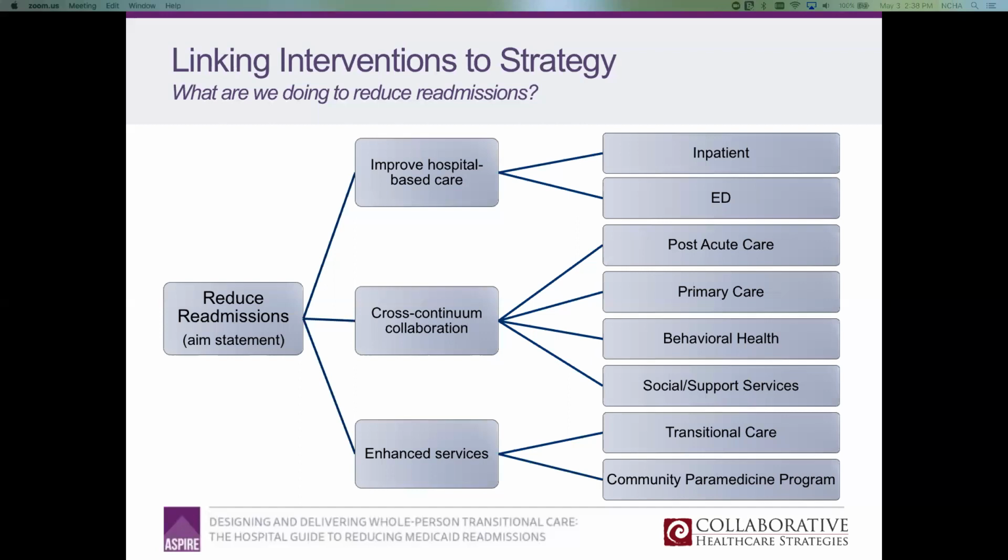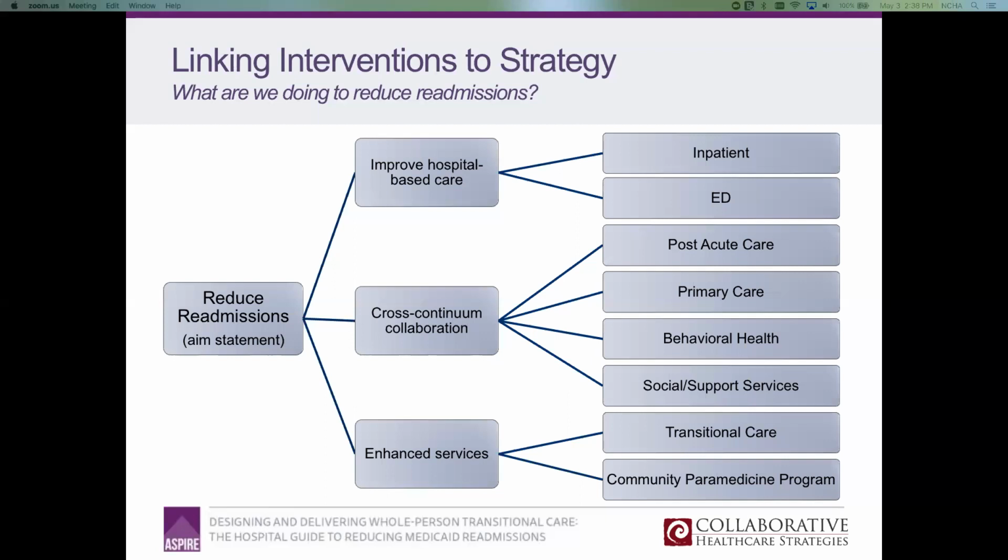And then enhanced services would be the transitional care or system redesign services. That's why I put in, as an example, transitional care, which you all know well, which is basically someone following the person for 30 days, whether that's a community health worker, a social worker, a nurse, a pharmacist, or an interdisciplinary team of some other sort.